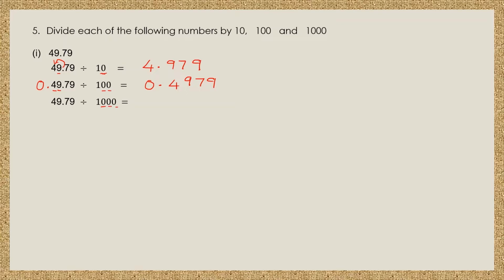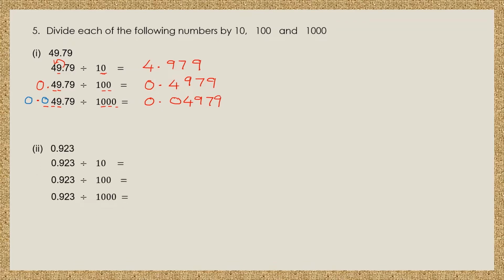It has to move 3 places to the left. 1, 2, 3 and then I put a point. Now what do I do in this place where there is no number? I have to put a 0. And since there's no number before it, another 0 there. So what is my answer? 0.0499.